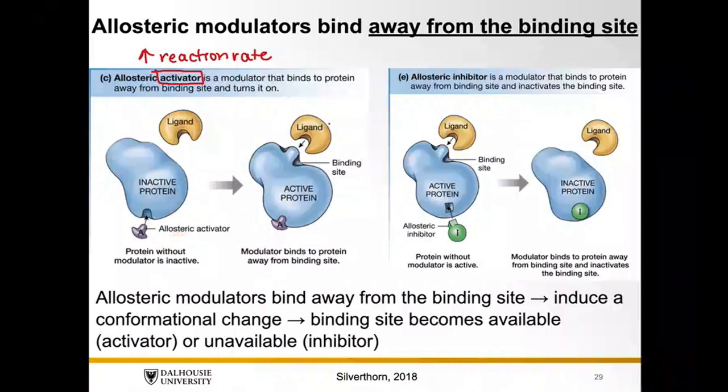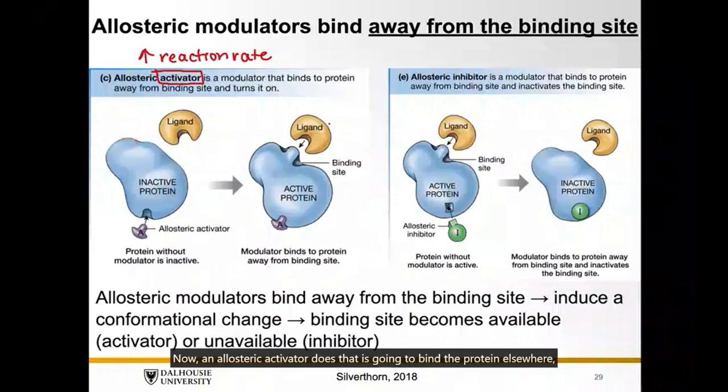So they're inactive because the binding sites are not available. Now what an allosteric activator does is that it's going to bind to the protein elsewhere. Okay, it does not bind at the binding site. It binds somewhere else in the protein, right? That's what we see here in purple. So we have the activator that's bound to the protein.